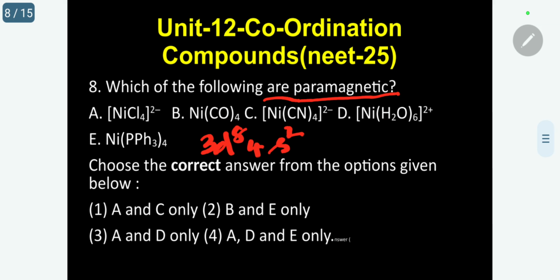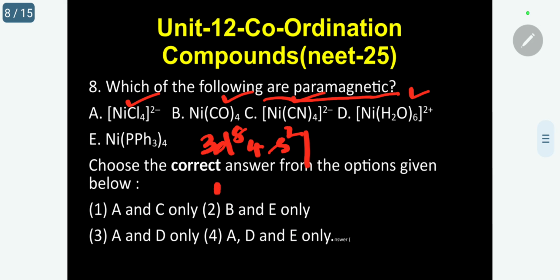Only thing is we have to identify the nature of the ligand. The question is whether it is paramagnetic or diamagnetic, depending upon the strength of the ligand. First one, chlorine. Kindly follow.